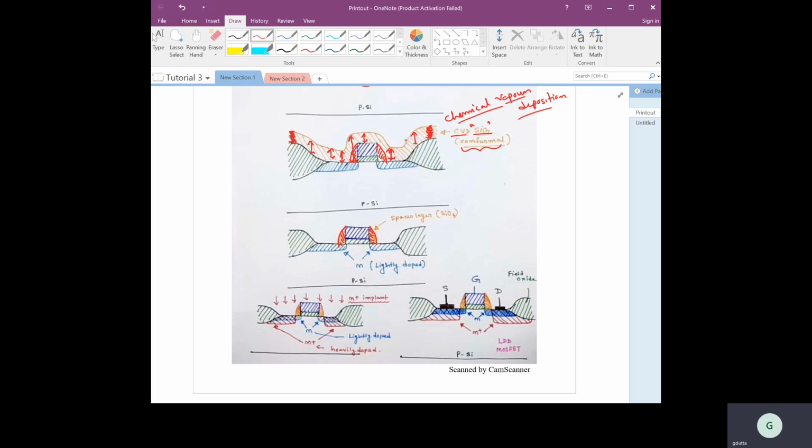Whereas dry etching is done in a gaseous medium. You keep it inside a reactive ion etching type of chamber, where reactions form some volatile material, and that volatile material is taken out from there. That's basically what etching is all about, right?